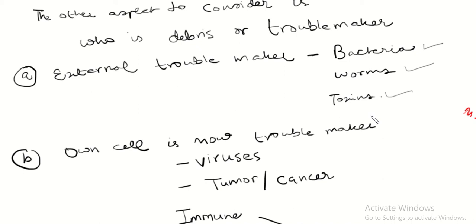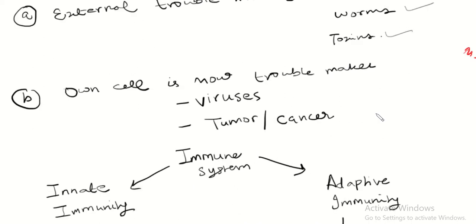The second type are troublemakers that create trouble inside the cell. Viruses actually get inside the cell, and now the cell is in trouble and is creating trouble. If a cell becomes cancerous, or it undergoes dysplasia and starts to change or morph, now that cell is trouble.